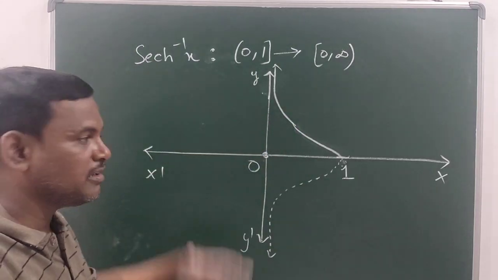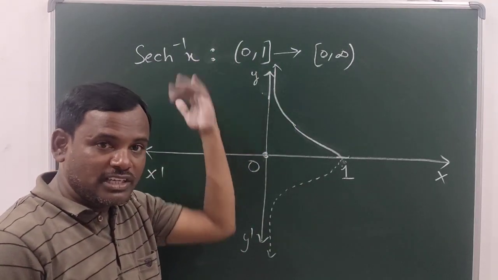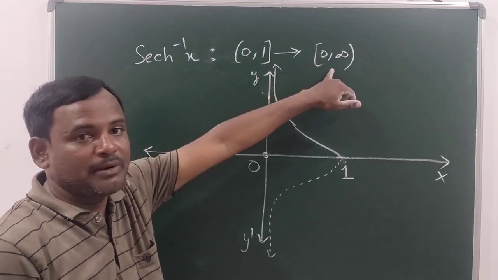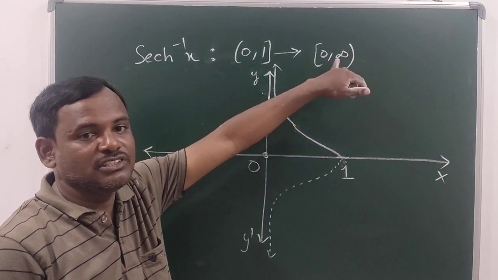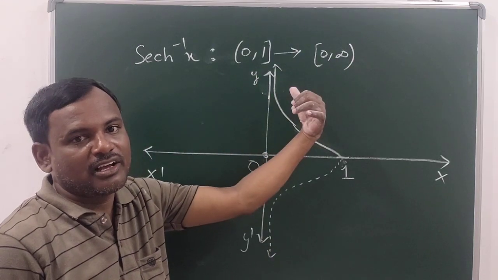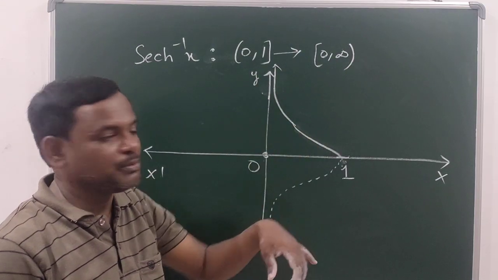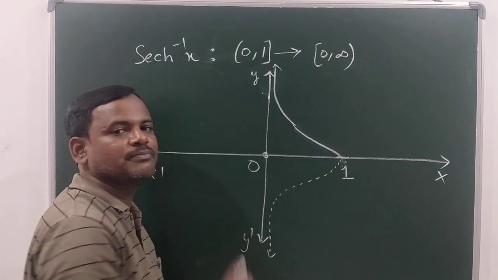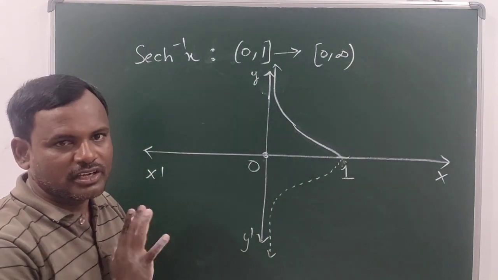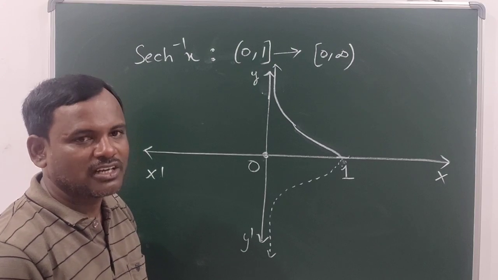Okay, students, but for the sech x, this we prepared as a principal domain. No? In place of this, if you take a negative interval minus infinity to 0 as principal domain, your inverse function will come like this. I hope you have understood this sech x graph.